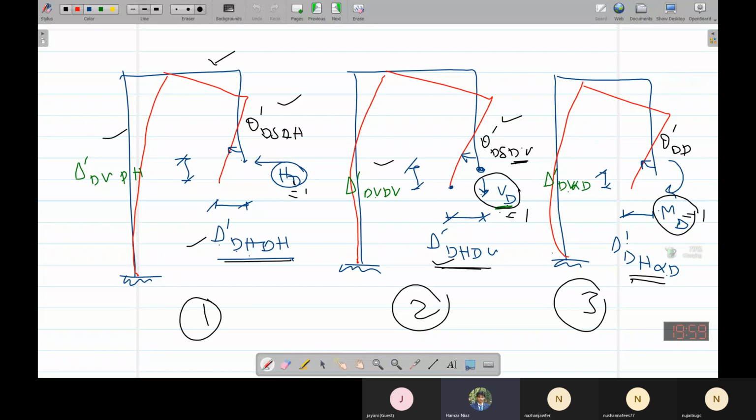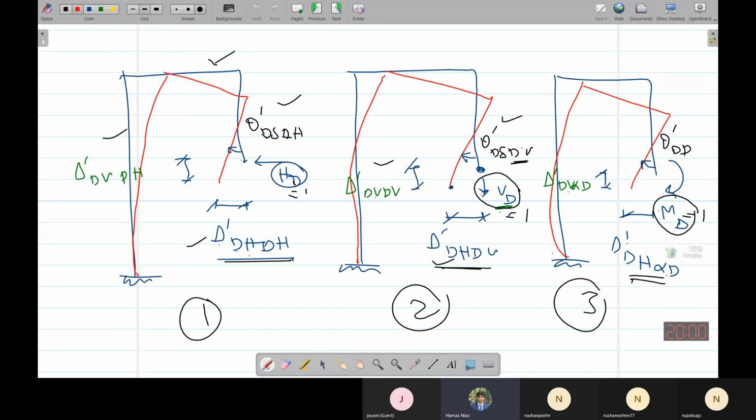So finally, let's do this for this third case. This case will have almost 9 plus 4 equations, 13 columns. So first remember, then origin, then limit. These three are a must. Then we are writing M for the primary structure moment equation. Then this one is MD, horizontal, vertical, and moment.